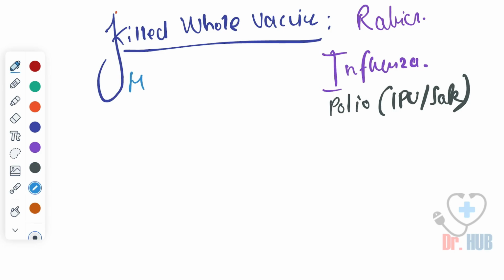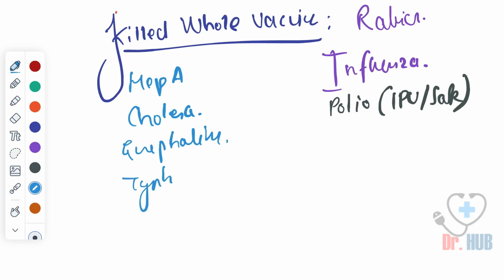Then it includes the Hep A as well. Then the cholera also comes under the killed whole vaccine, and the encephalitis as well, and the typhoid. So the typhoid comes as a killed whole vaccine.